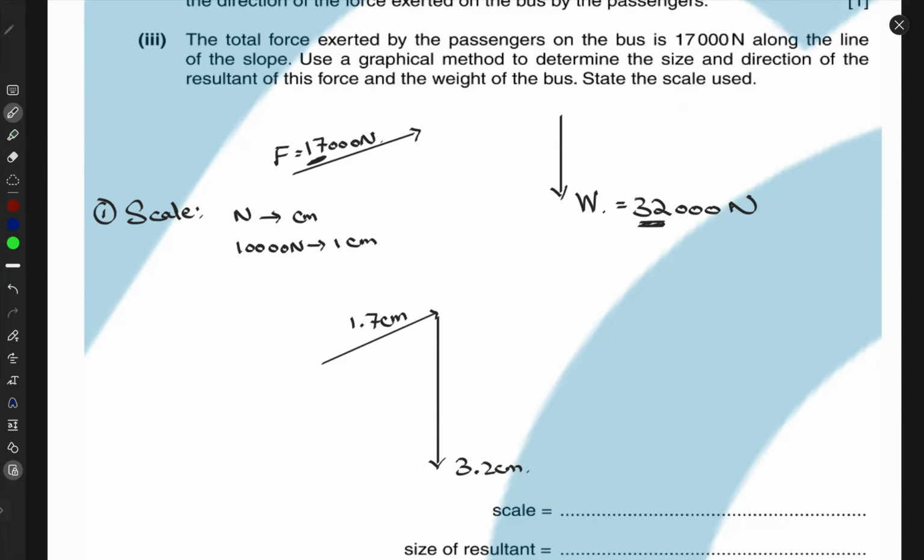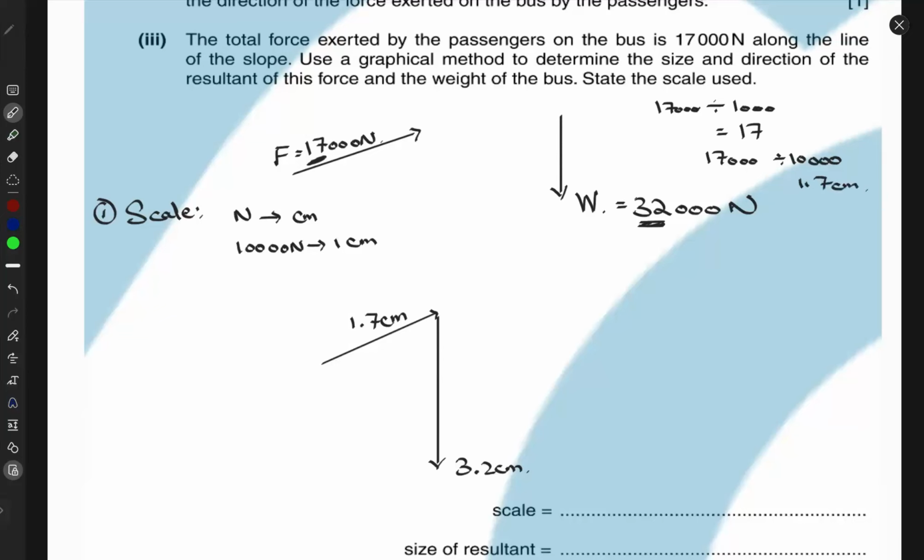If I divide 17,000 by 1,000, I'll get 17, right? And if I divide 17,000 by 10,000, then I'll get 1.7.